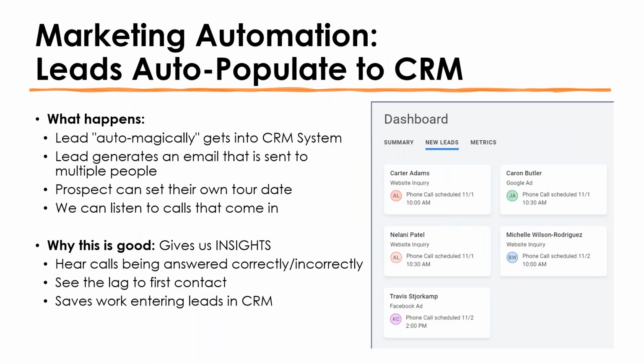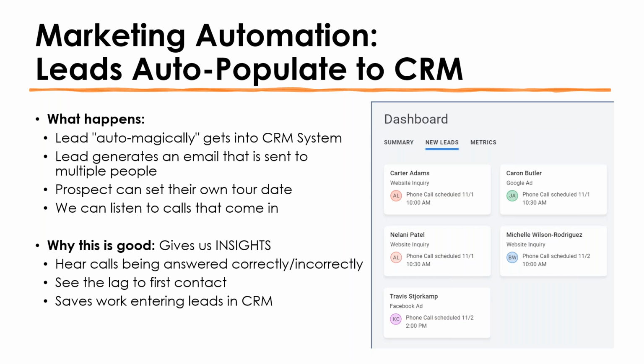One thing that we did that has made a huge difference for us is marketing automation. We do work through Eldermark on this, and what I'd like to say is the lead automatically gets into our CRM system. What this does for us is it allows us to get insights into not only how the website is performing, but how our operating team is performing here on the ground.